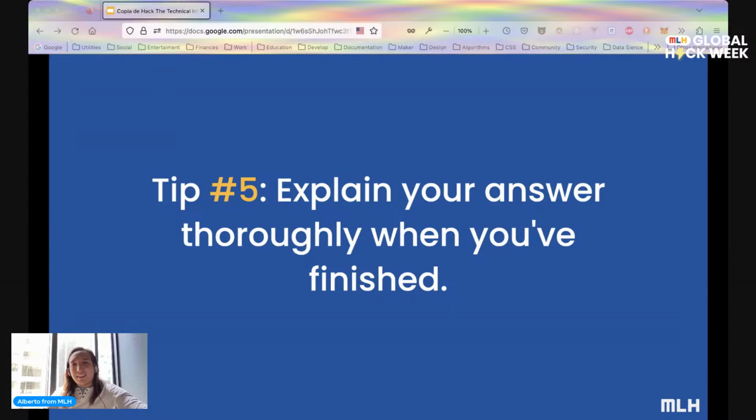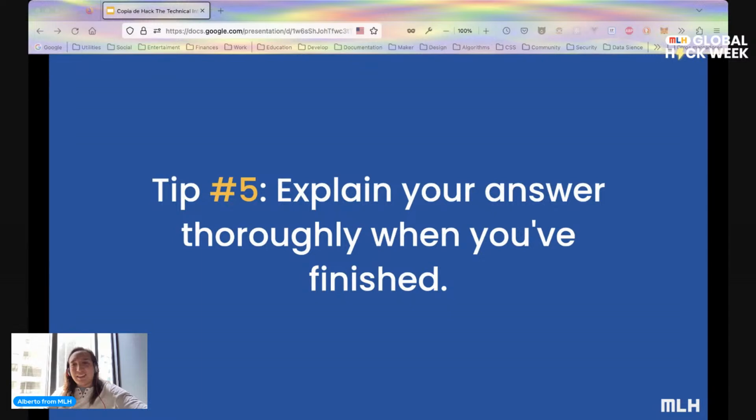Do that exercise. In this case, it has to be a person. If the other person understands what you were trying to do and how you solved it, even if he or she is not a technical person, that will be really good, because it means you can explain your solution.